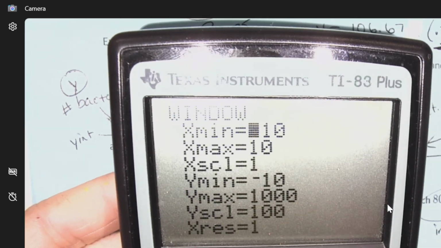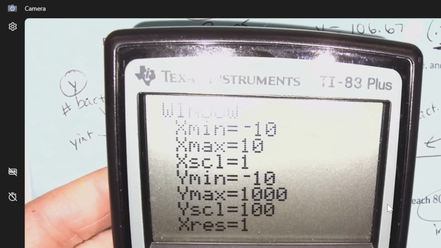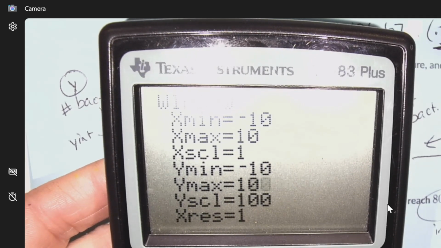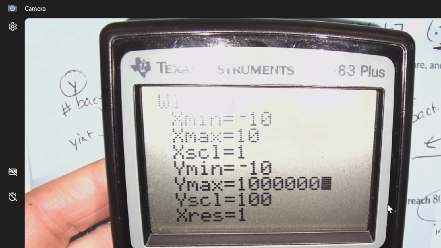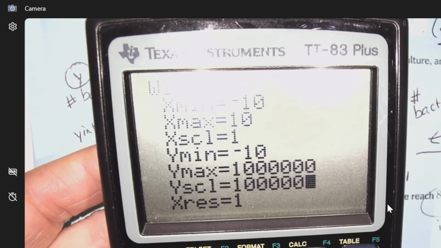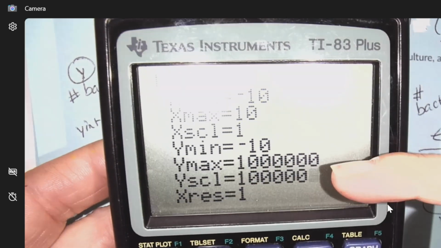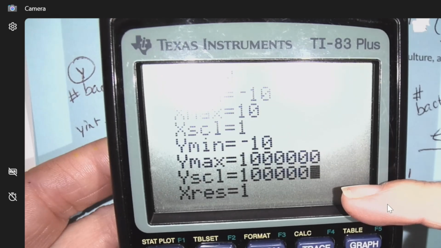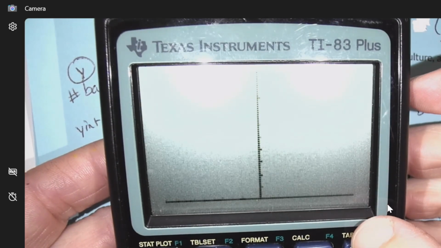I gotta go back to my window. Yikes. Oh boy. 1 million? I'm doing my scale big time here as well. I went to 1 million. I'm doing 100,000 scale. I have no idea what's going to happen here.